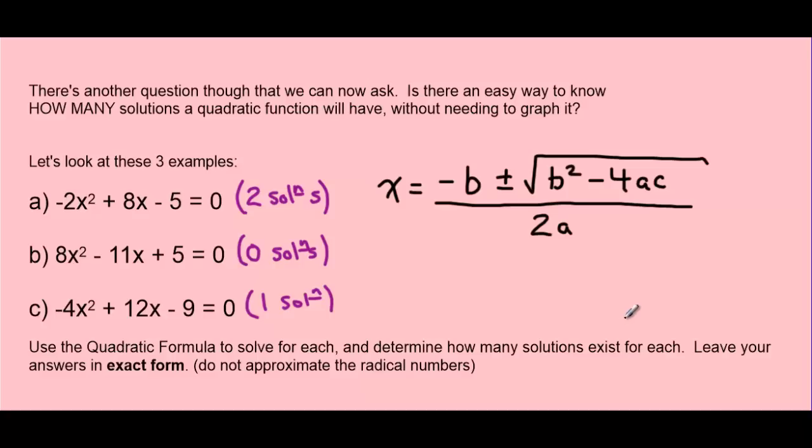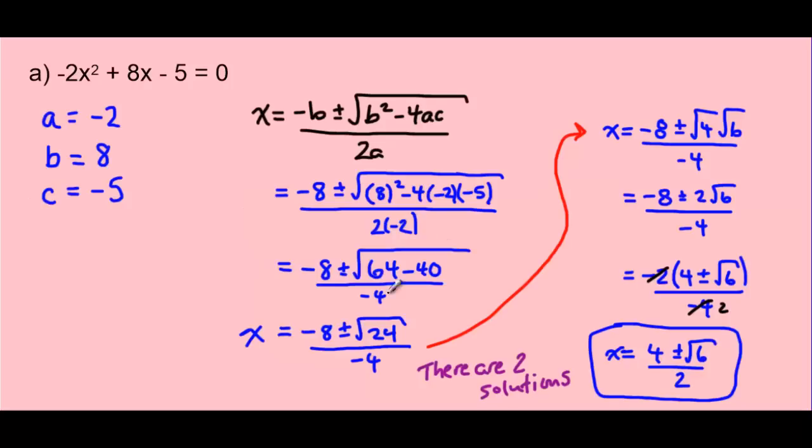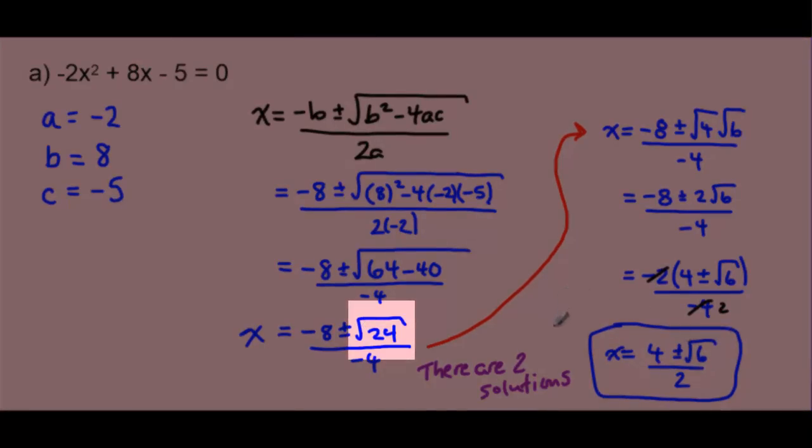It turns out that all of it has to do with what ends up happening underneath the radical sign. It's this square root b squared minus 4ac that decides whether there are 2 solutions, no solutions, or only 1 solution. We saw in example A that we had 2 solutions, and there happened to be a number inside the square root.